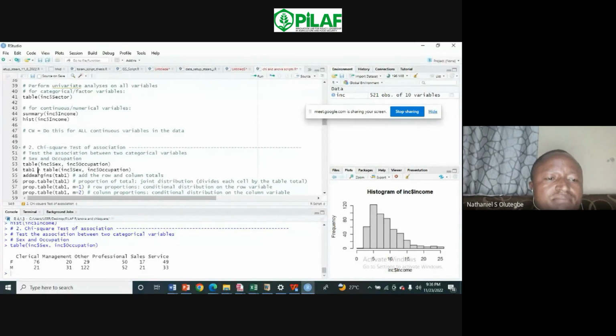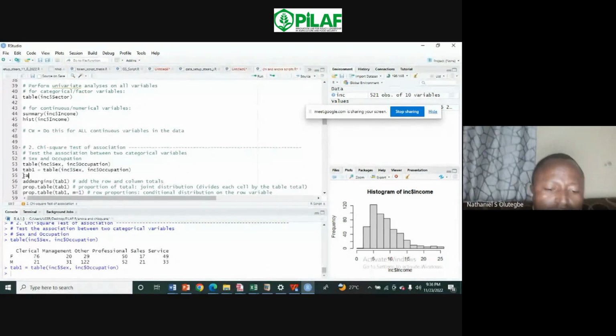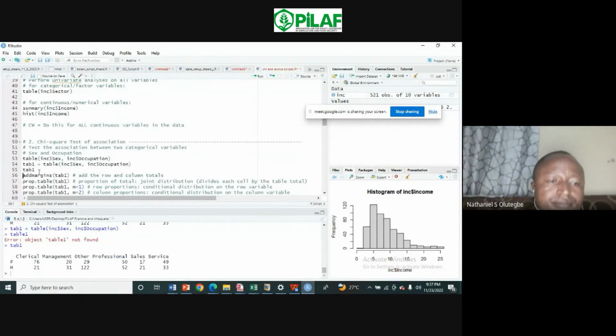You can give it a name as an object, so that's your contingency table. So subsequently, you could say table 1, tab 1.